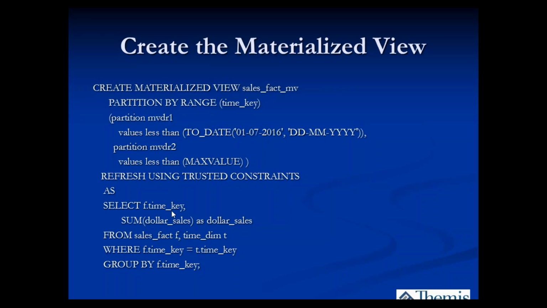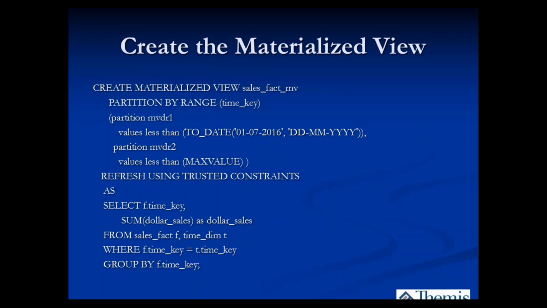This is going to sum those all up, show you here's the date for March 8th and the sum of the sales for March 8th, which might be 50,000 transactions, or one transaction or no transaction. So you can see I'm doing that. I'm doing a join between the fact table and the dimension table, which would be typical, and doing a group by on the time there, or the date and time. So that's my materialized view.